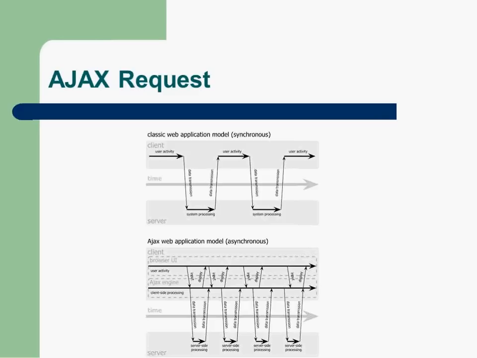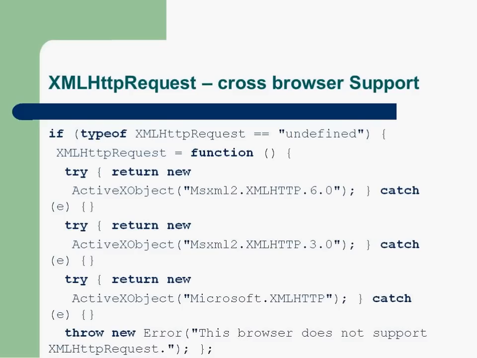Even if there is no user activity, JavaScript code can decide, based upon some timer, that it's time to refresh the data. So it can make a call to the backend in the background and get the fresh data. That's the difference between Ajax kind of applications and old web applications.